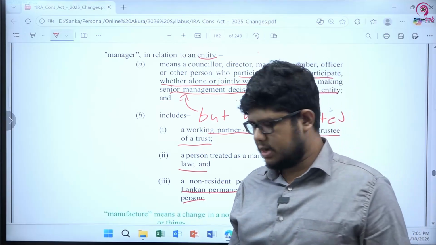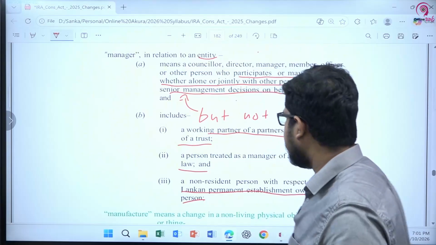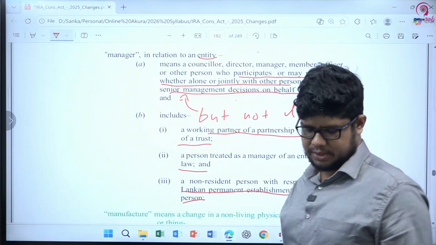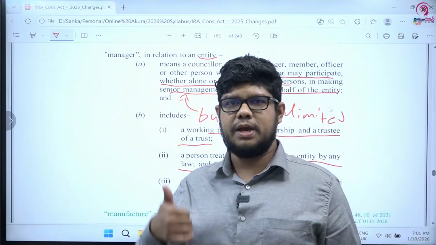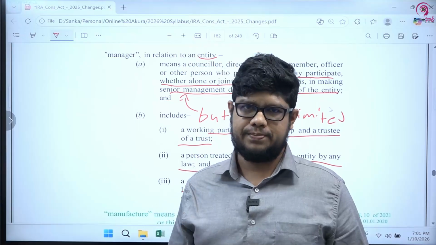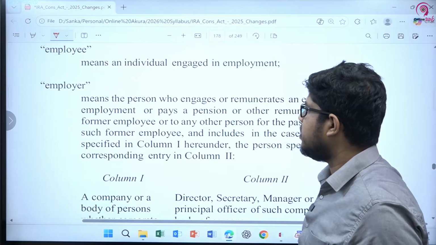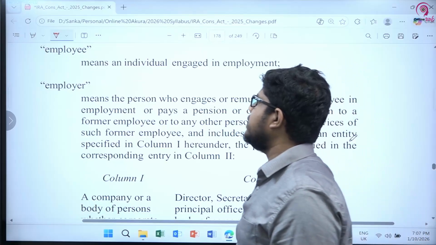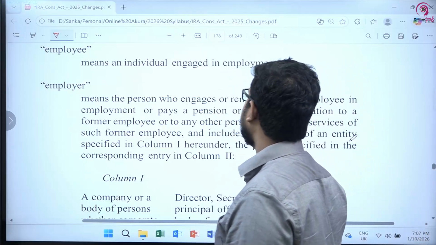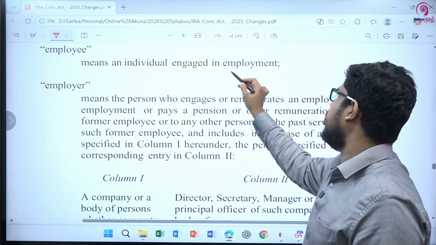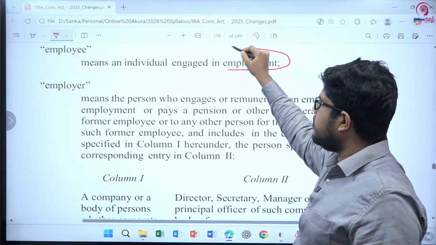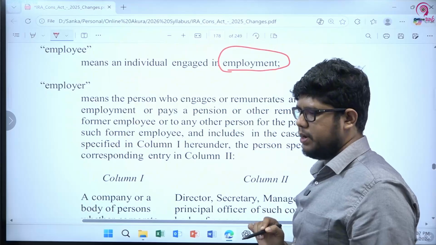So let's look at other terms, maybe employer, employee. Students, these are other related definitions. Employee means an individual engaged in employment. That's the importance of understanding the term employment, right?